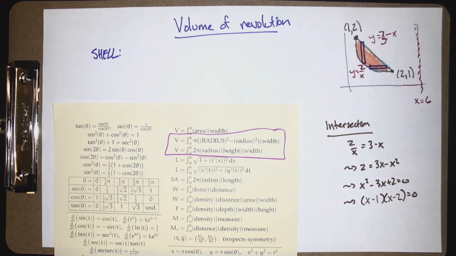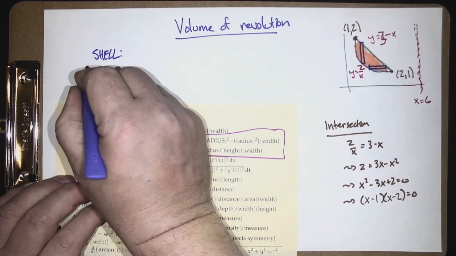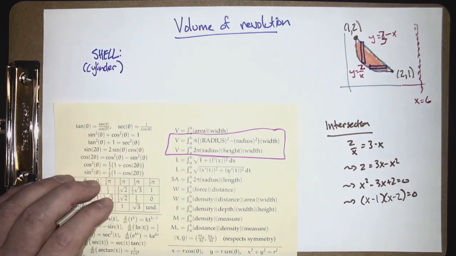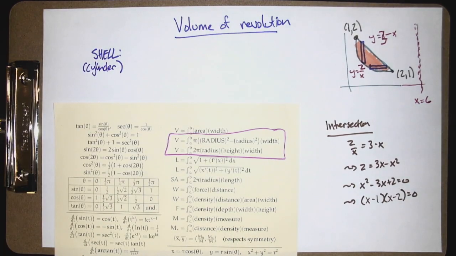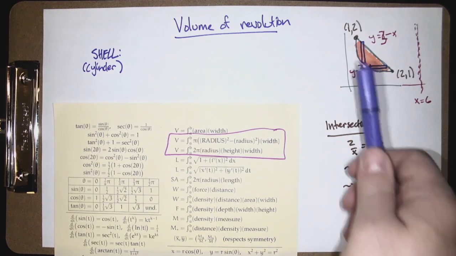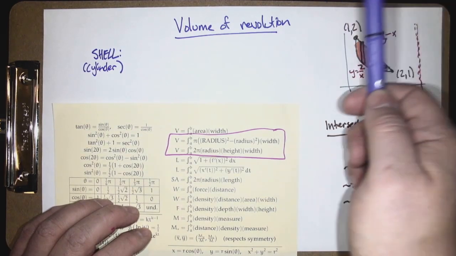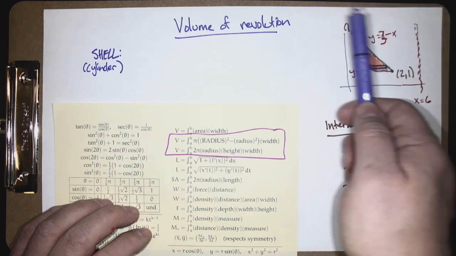Vertical. Vertical is correct. Now, shell is just another way of saying cylinder. And the way you make the decision is think about what shape do you make when you spin that rectangle. So spin the rectangle. And you can just grab your pen and just say, okay, if I'm doing vertical slicing and I'm spinning around this line, what shape gets made?